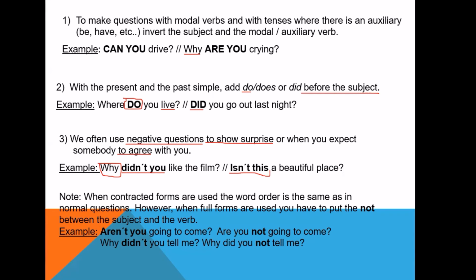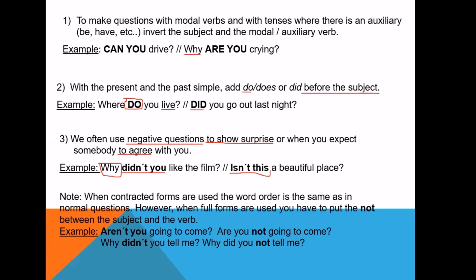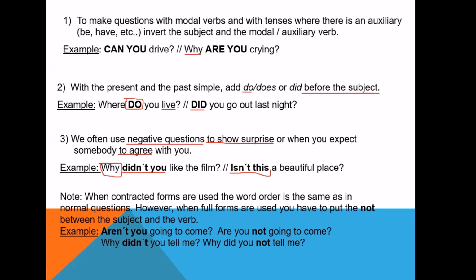Okay, in this case, I can show surprise. I'm expecting someone to come and visit me, and the person said it's not going to happen. Then, aren't you going to come? Or the person is late. Then, okay, aren't you going to come? So I'm showing a kind of impatience.